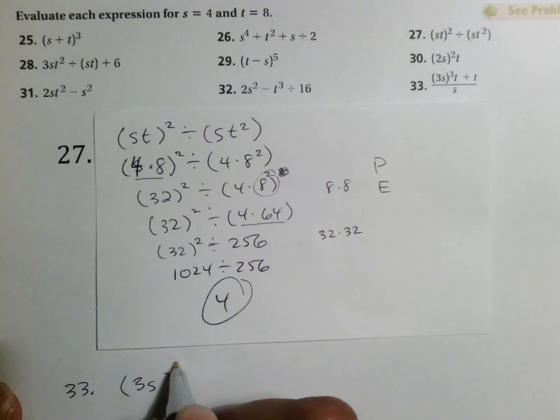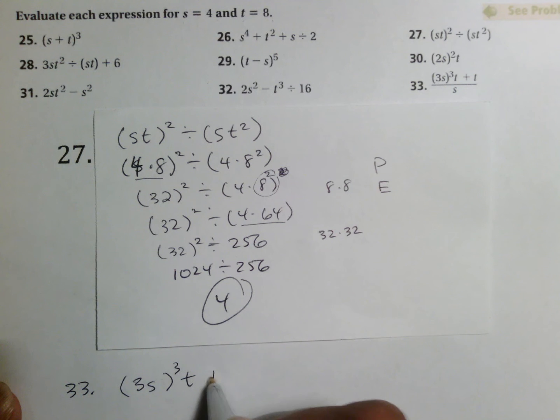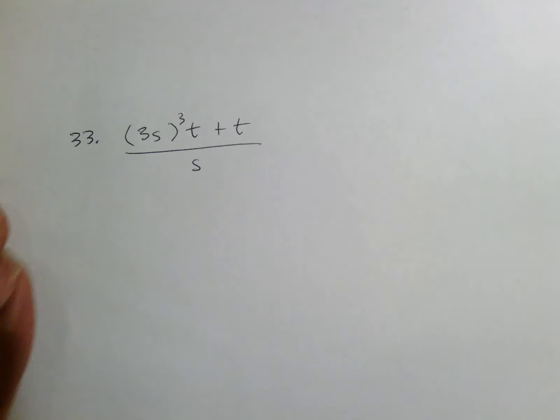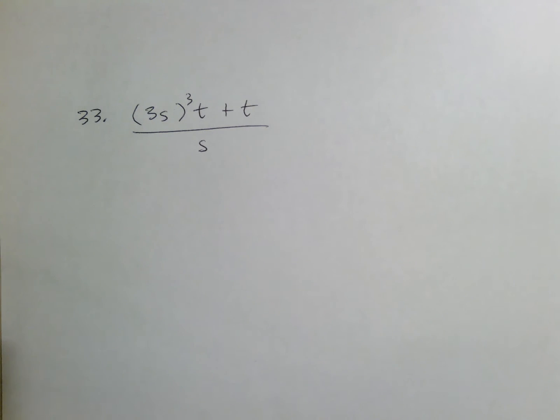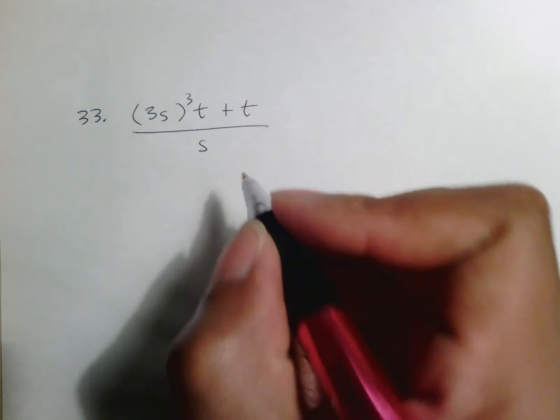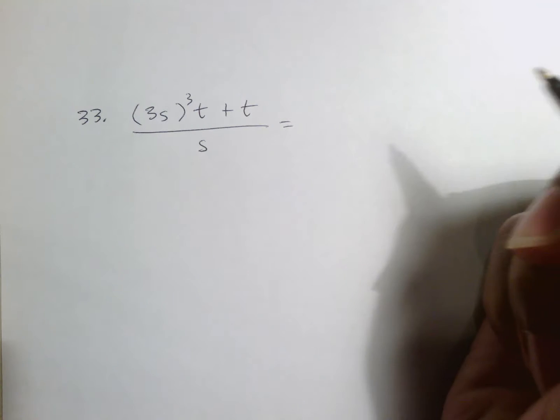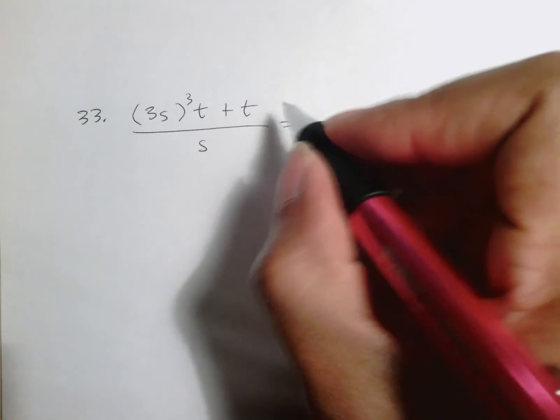It's 3s to the third t plus t all over s. Being careful again, definitely not to make any silly mistakes here, let's substitute carefully.